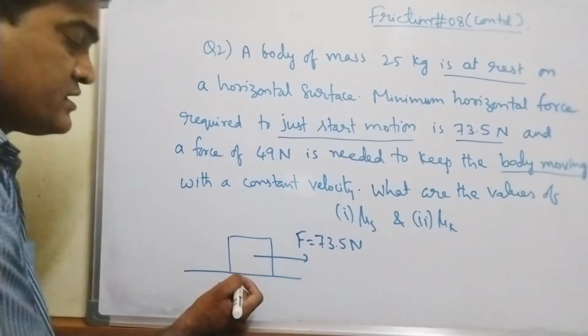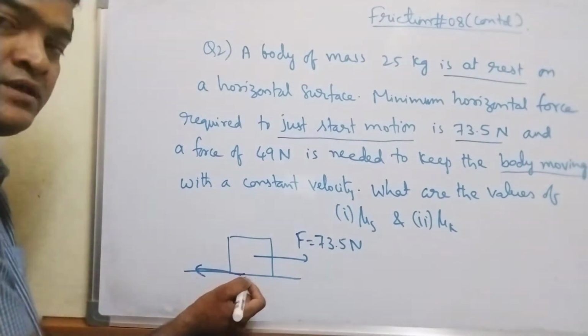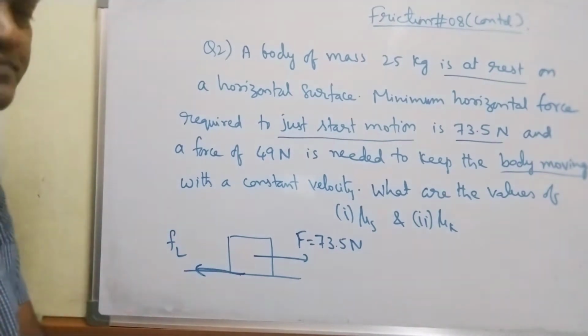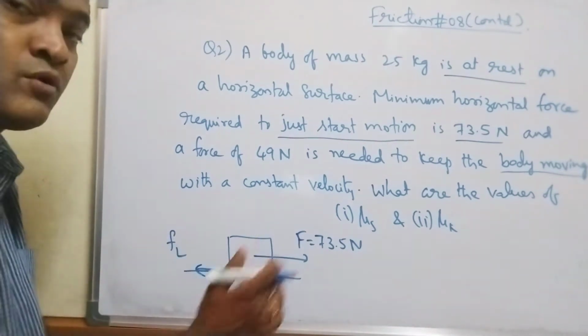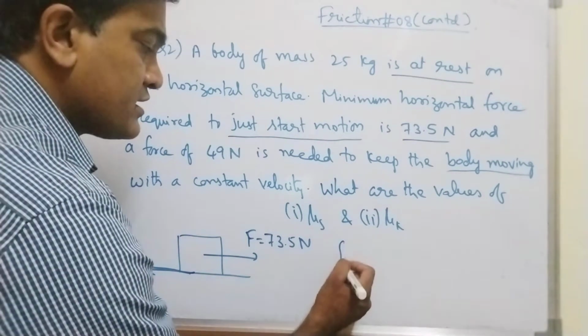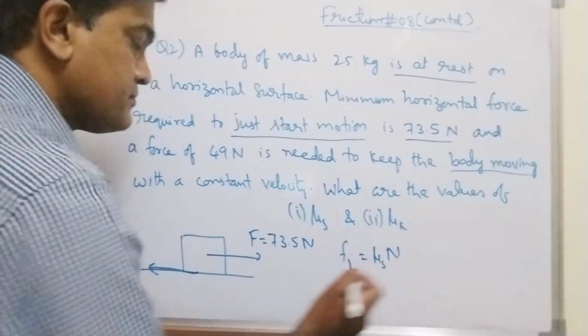Then the maximum value of friction will act in the opposite direction. That friction is called limiting friction. This applied force is equal to limiting friction. Now the body is about to slide. So I can write, limiting friction is equal to μs into N.